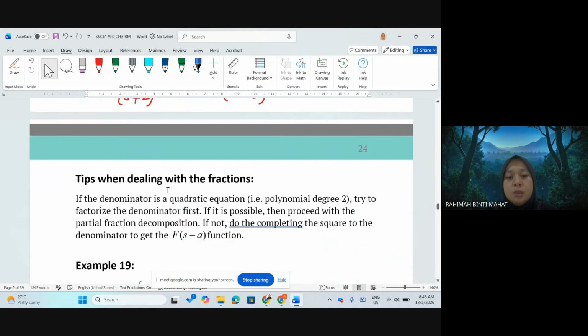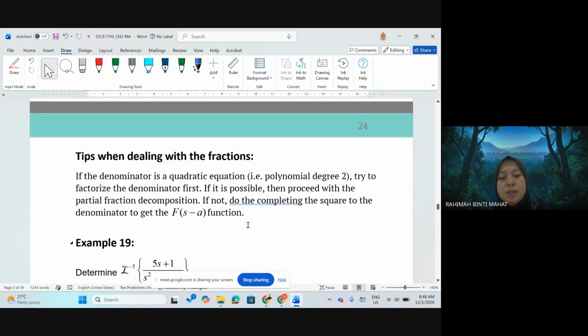Okay, so there is another tip when dealing with the fraction. If the denominator is a quadratic equation, polynomial degree 2, try to factorize the denominator first, as I mentioned to you just now. And if it is possible, then proceed with the partial fraction decomposition.